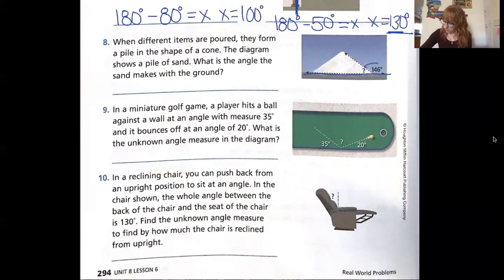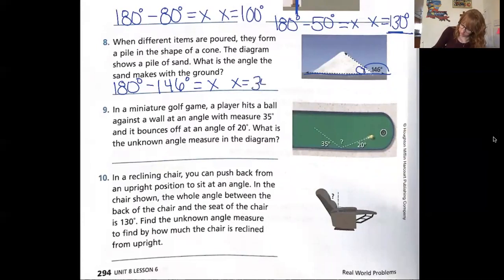This angle that we know here is 146. So to find this smaller unknown angle, we're going to subtract 146 from 180. 180 degrees minus 146 degrees equals x, and x equals 34 degrees.